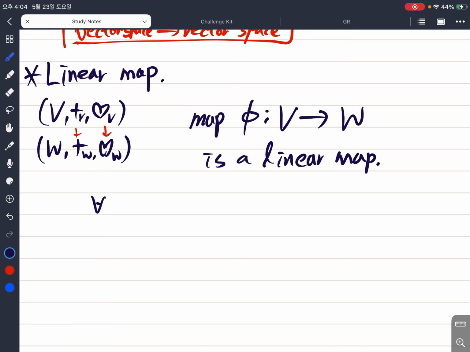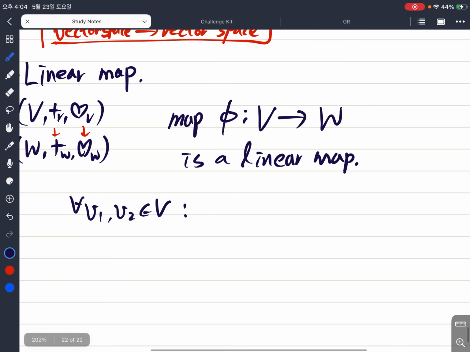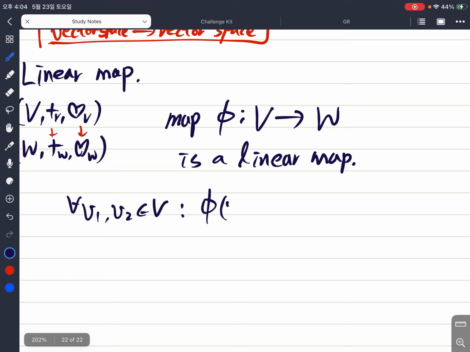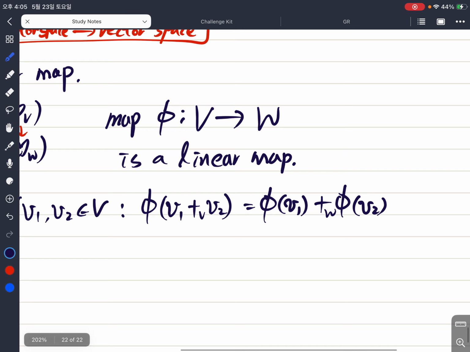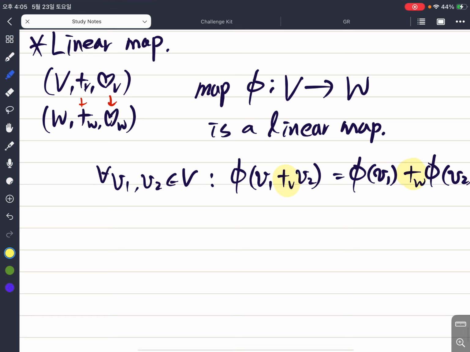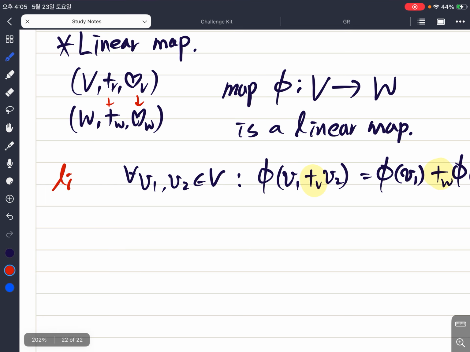So for all v1 and v2 in V, phi of v1 plus v2 becomes phi v1 plus phi v2. The plus on the left is in V, so plus V becomes plus W, but keeping their summation. This property is called additive.